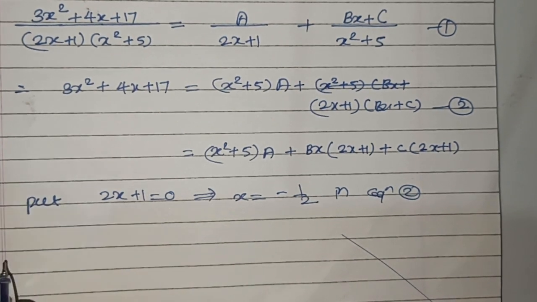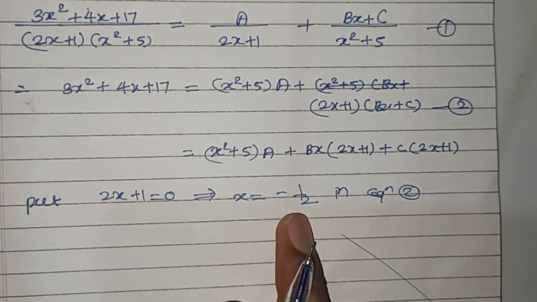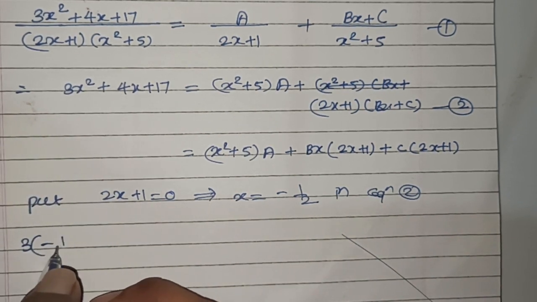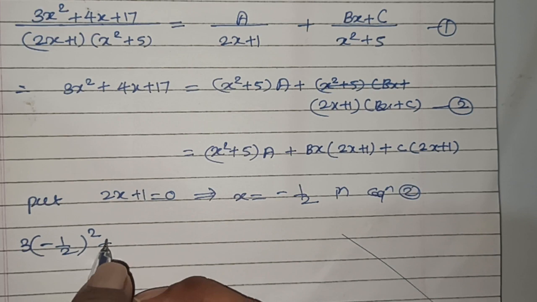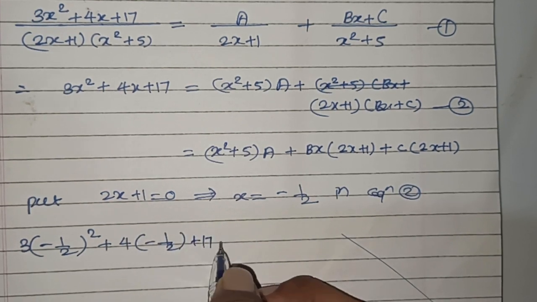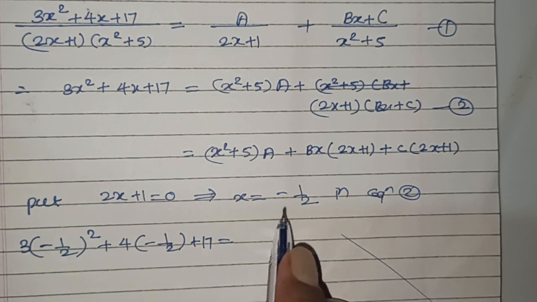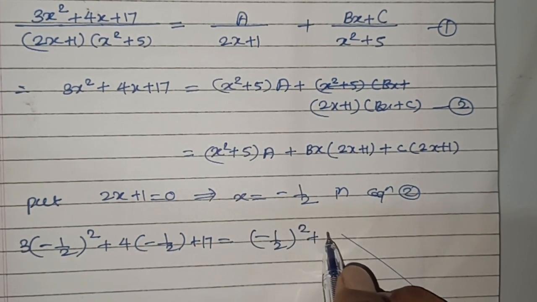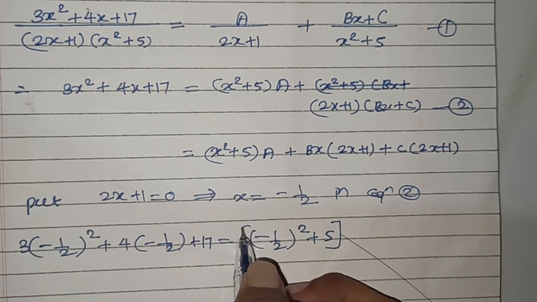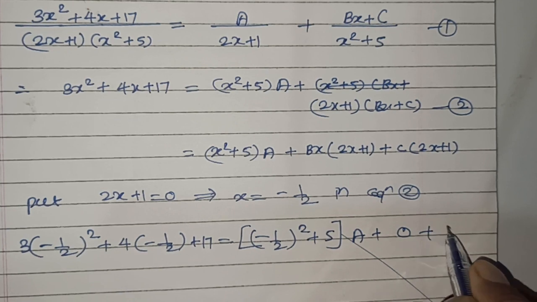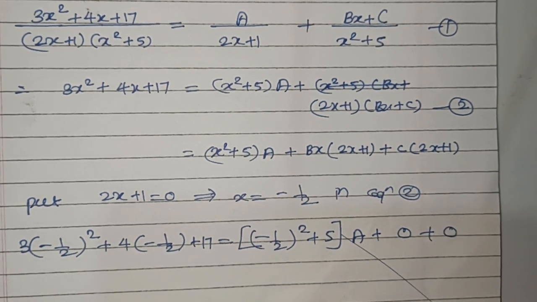Okay, so if we put minus half in the left hand side, we get 3 into minus half square plus 4 into minus half plus 17 equal to minus half square plus 5 into a, plus this will become 0, this will also become 0.